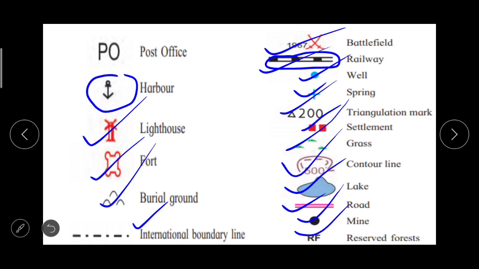All these are the symbols used by the Survey of India while making maps.